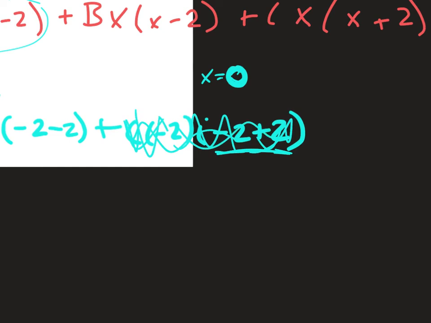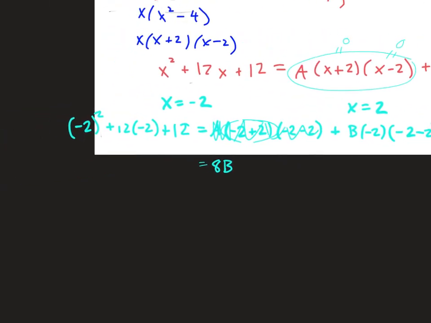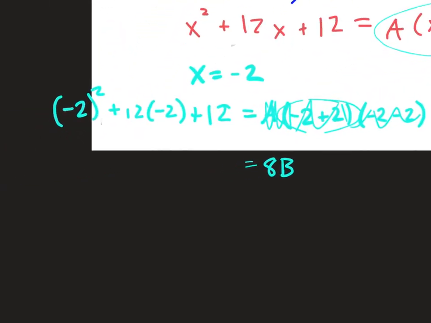So here we're just solving for b. We've got to work out the left side too. So what's negative 2 squared? 4. And then 12 times negative 2 is negative 24 plus 12. So 4 minus 24 would be negative 20 plus 12.